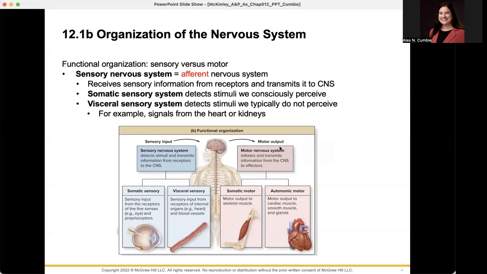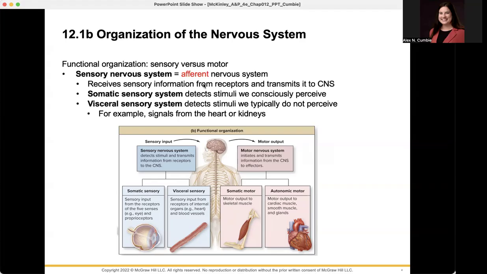We can separate out our nervous system into additional divisions. So we have central and peripheral, but we can also separate those out into sensory versus motor. And this will be a little bit different. We'll start with the sensory one.